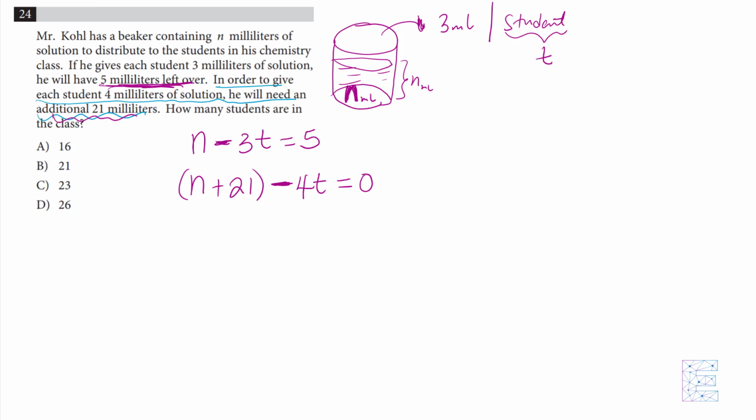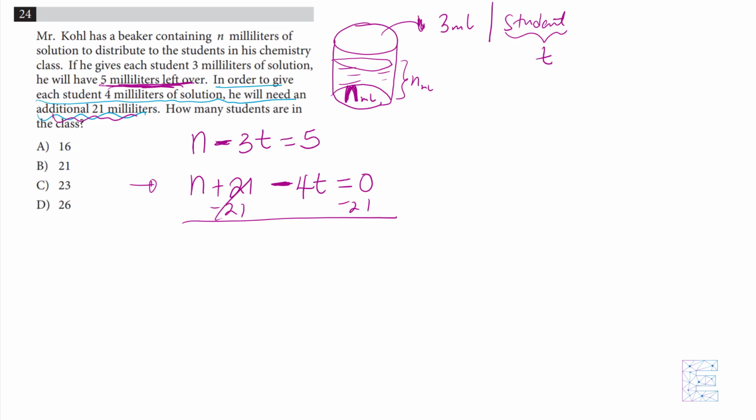All right, so this is a system of equations, as we kind of guessed it would be. Let's go ahead and finish it. We can focus on this second equation just to clean it up a little bit and put it in standard form. That means n and t have to be on the same side and this constant has to be on the other side. I can drop these parentheses, we don't need them. Let's subtract 21 from both sides.